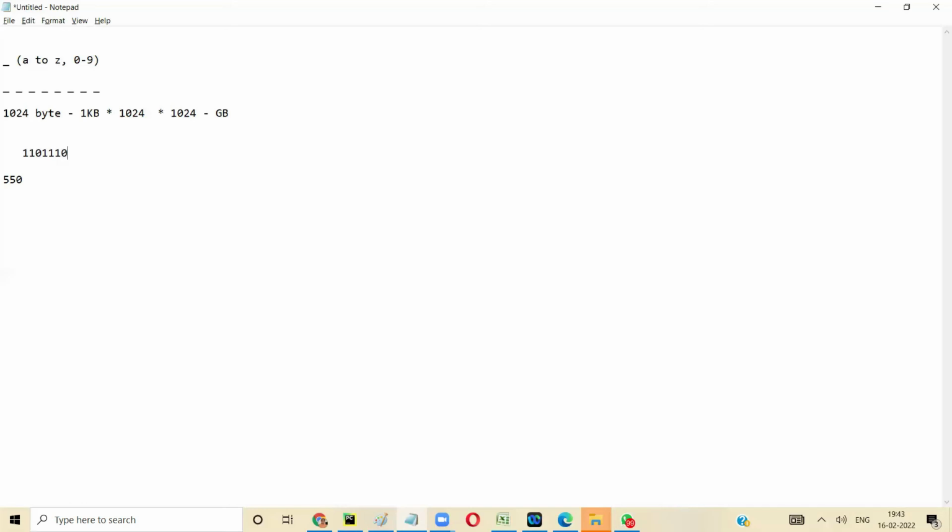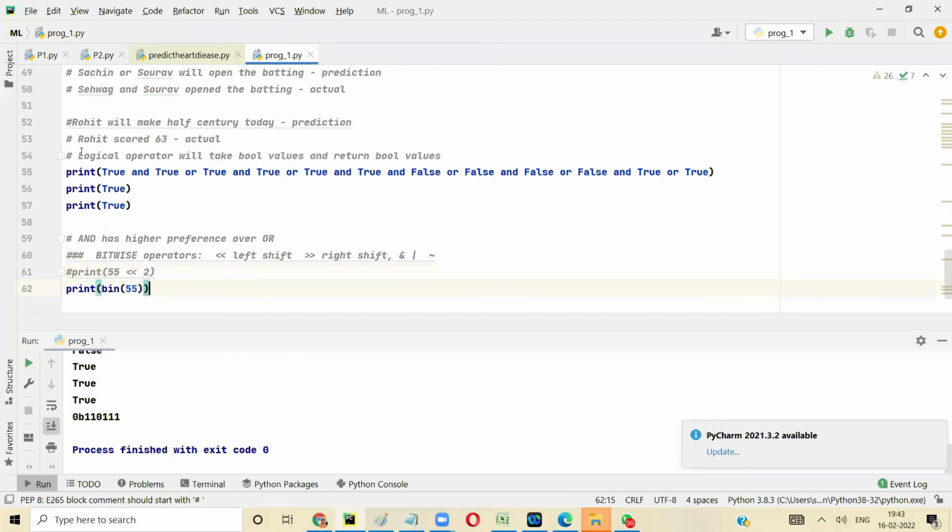So you are adding 0 when you say left shift 1. If I say left shift 2, I will add one more 0. So when you are doing left shift, you are adding zeros to the binary number. Now, to know the output, I will convert this into integer.